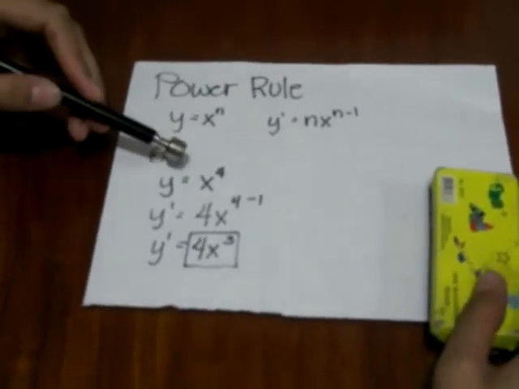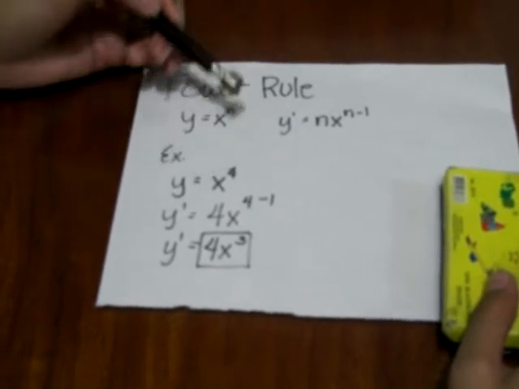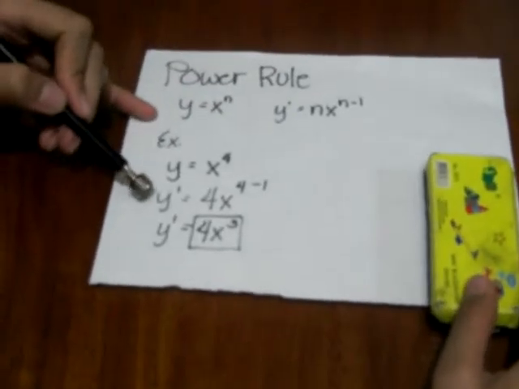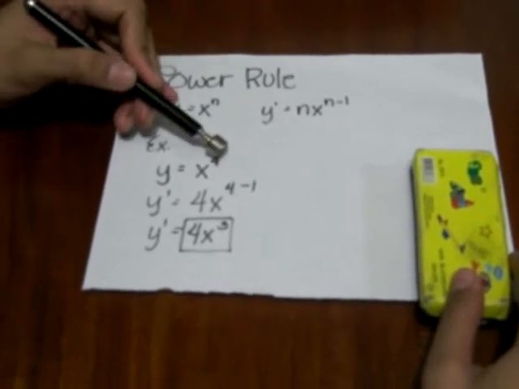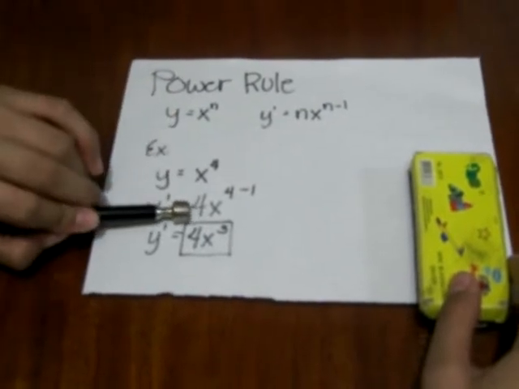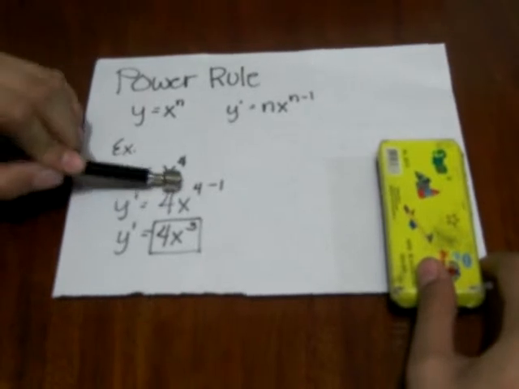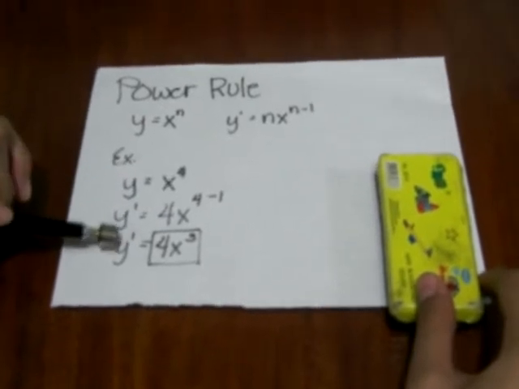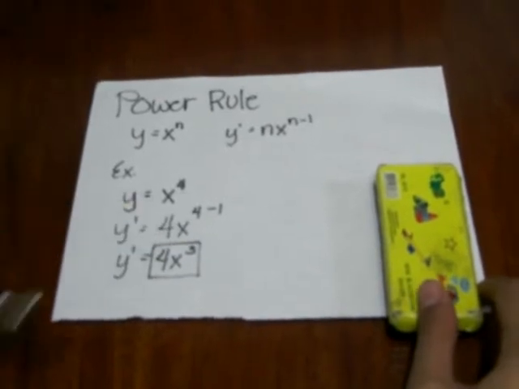For example, y is equal to x raised to 4. In finding its derivative, the 4 will be a whole number, 4x, and then it will be subtracted by 1. So the first derivative is equal to 4x cubed.